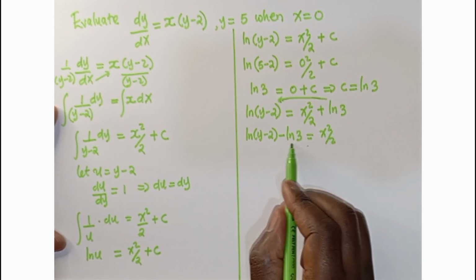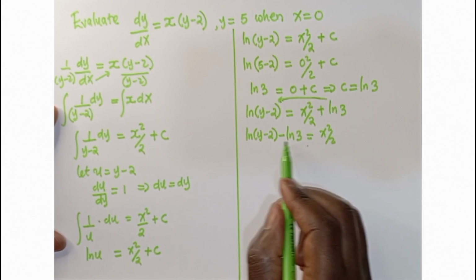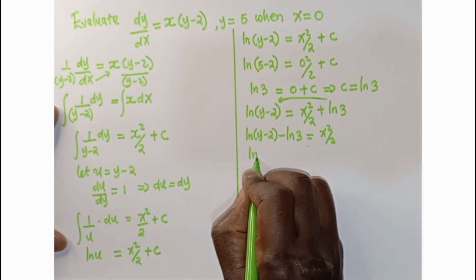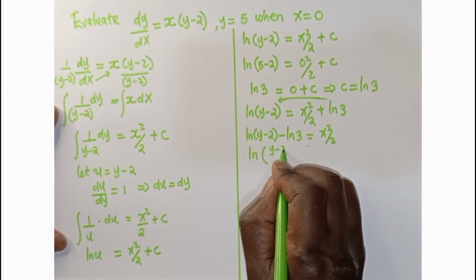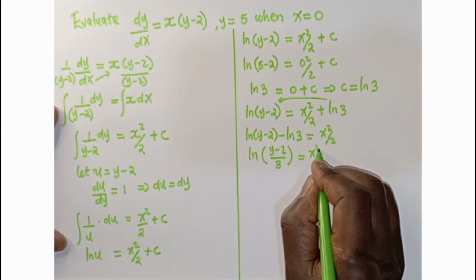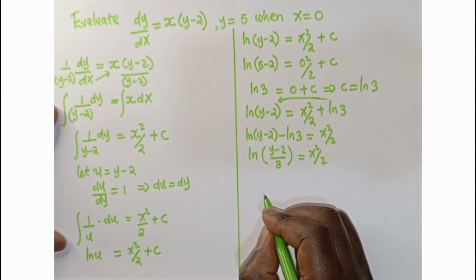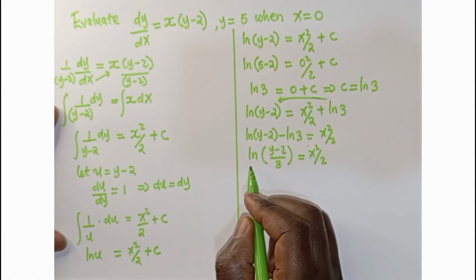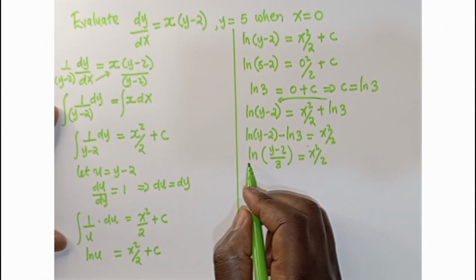Now if you clearly see this, ln obeys laws of logarithm. So this is the same as ln of y minus 2 out of 3 is equal to x square out of 2. But remember, ln is a log. So we can first of all multiply through by 2.